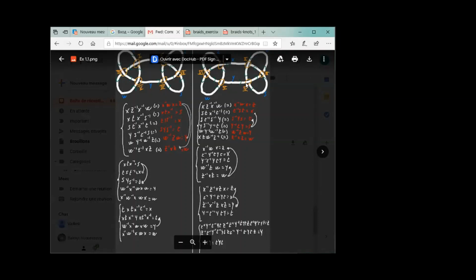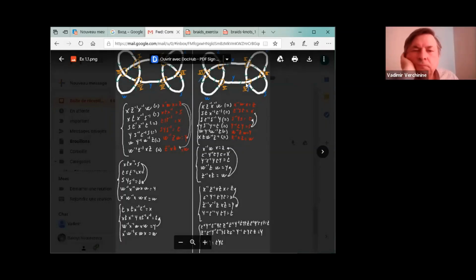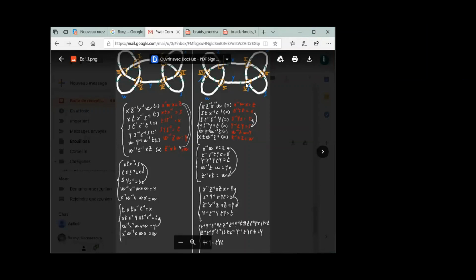So I substitute the fourth one. So I substitute this one, then I substitute the last one, and then I substitute the second one.